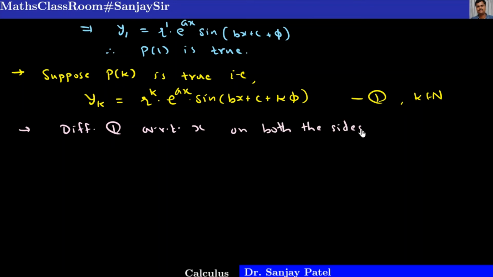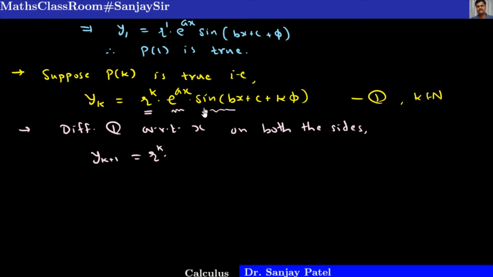So we get yk plus 1, derivative of yk will be yk plus 1, and now we have to differentiate this right hand side. In this right hand side, this r raised to k is constant, so I will keep that as it is in multiplication, and for the remaining two things, one is the function e raised to ax and the other is the function sine of bx plus c plus k phi.